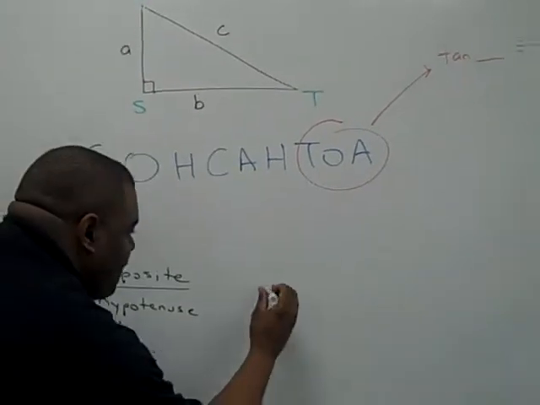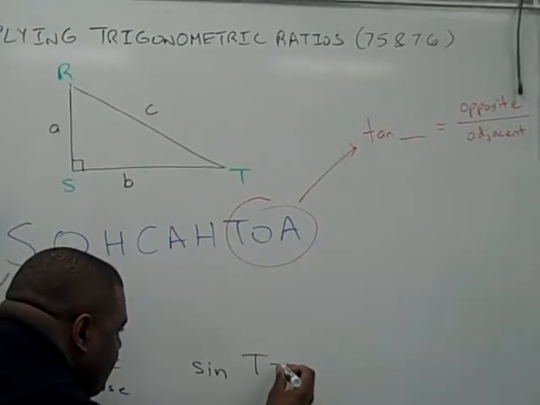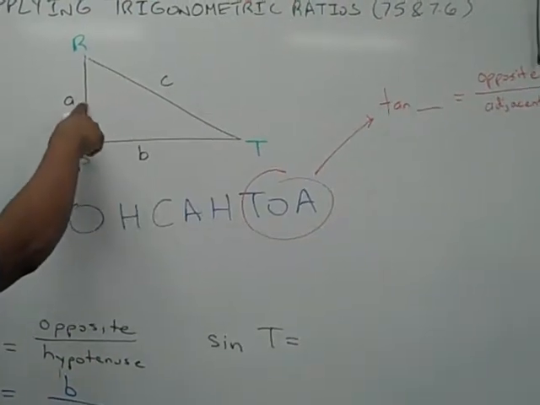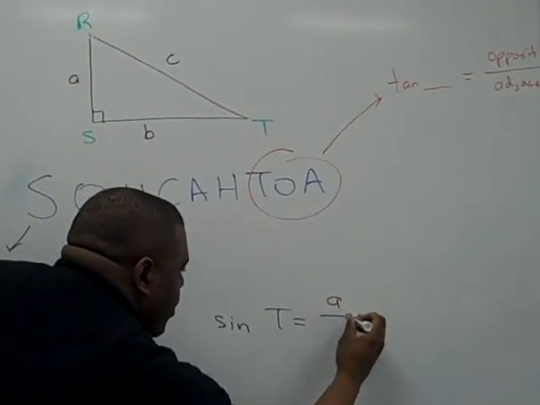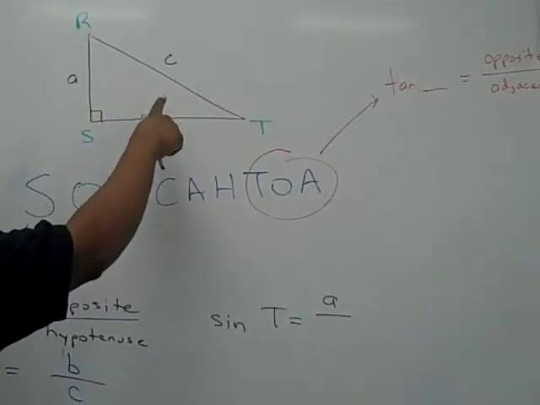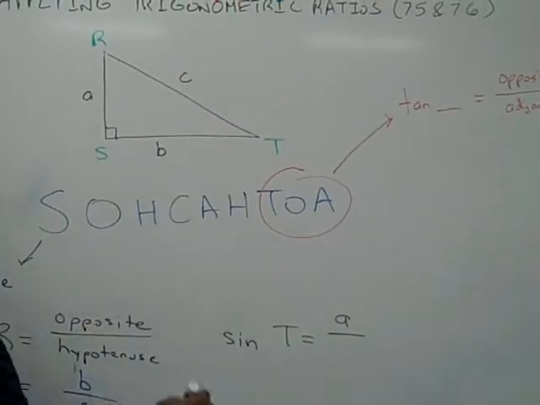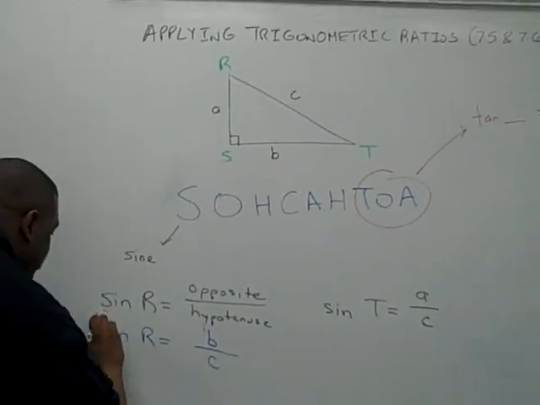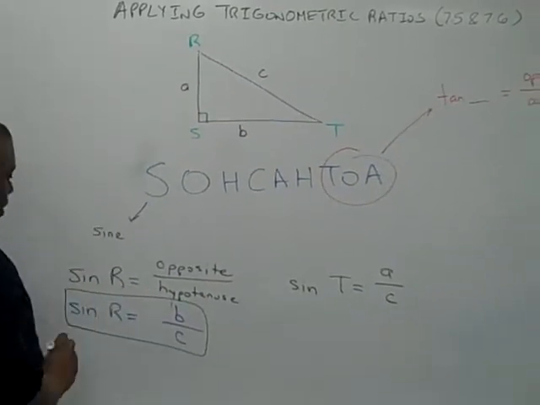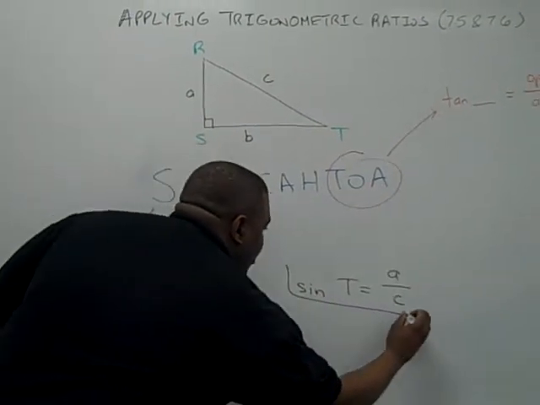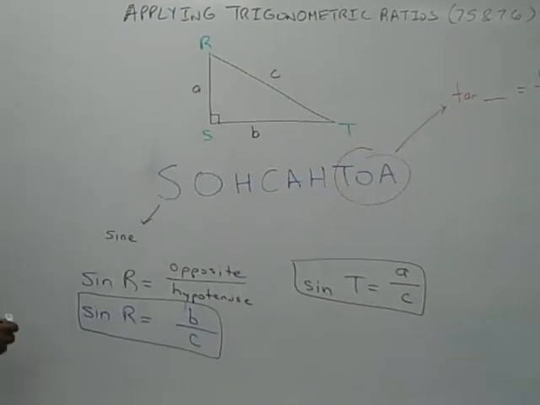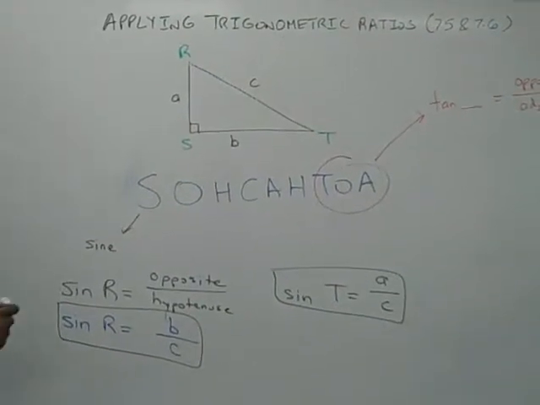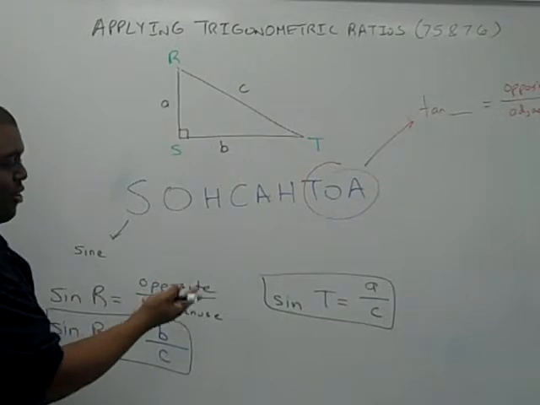The sine of angle T would be opposite, which is A, over hypotenuse, which is C. So your sine ratio for R is B over C. Your sine ratio for T is A over C. Once again, you see that angle S is not included.